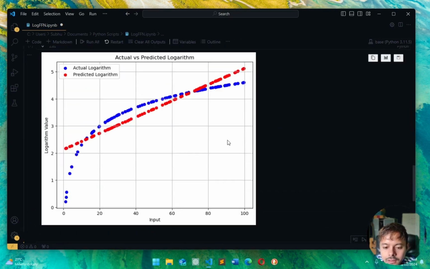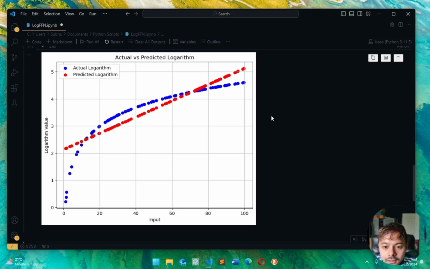This is how our model predicted, where these blue dots are the actual log values. We are familiar with this shape, right? The log shape. But this red is the predicted values from our model. So what we can see here is our model is fitting a line, not a curve.